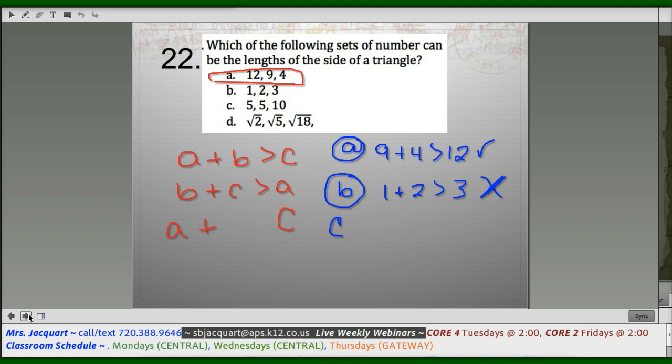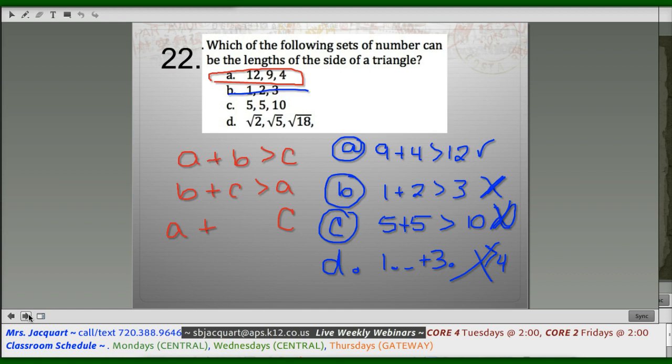And let's look at C. If I do 5 plus 5, is that greater than 10? No. So that one can't be a triangle either. And then if you do square root of 2 plus square root of 5, that's 1 point something. This is plus 3 point something. And it's got to be greater than 4 point something, and it's not. So B, C, and D don't work.